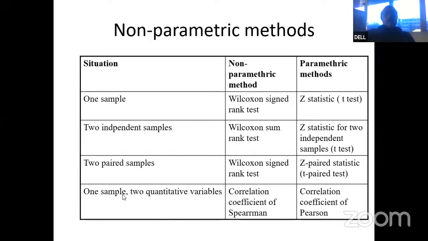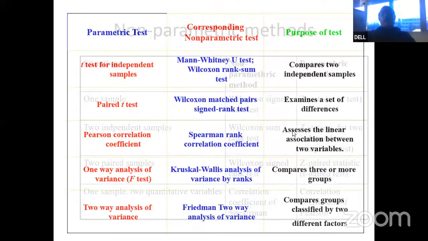And for correlation coefficient, either qualitative or quantitative, in either case we can use it. So those are the comparisons between parametric and non-parametric.